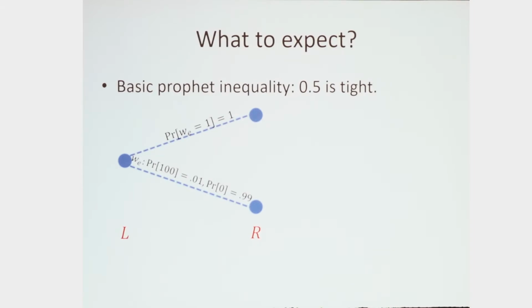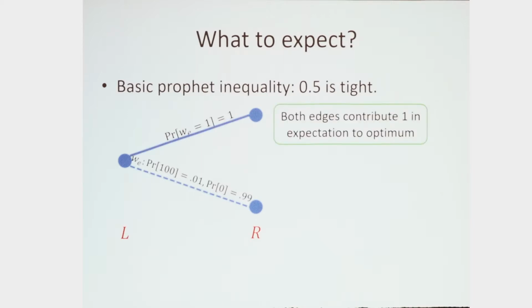Namely, we have just one vertex on the left and two edges incident to it. One edge deterministically having weight 1, and another one having a really large weight of 100 with probability 1%. So it's a high reward, high risk edge. But in expectation, we're going to get 1 for this second edge.